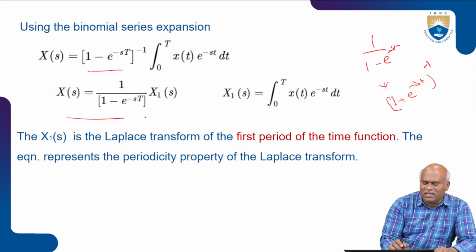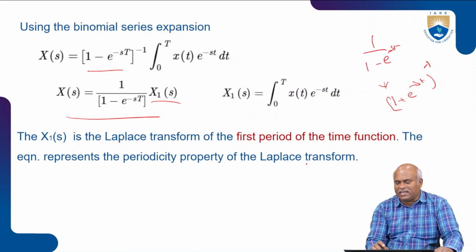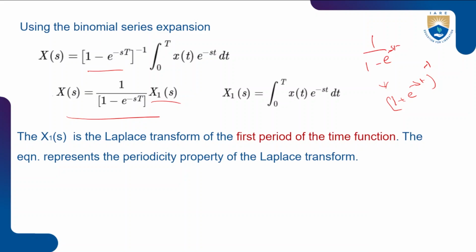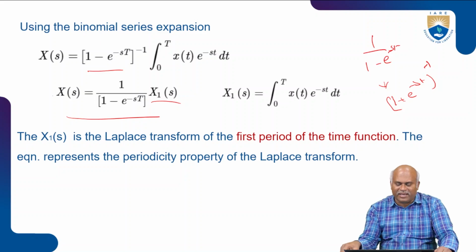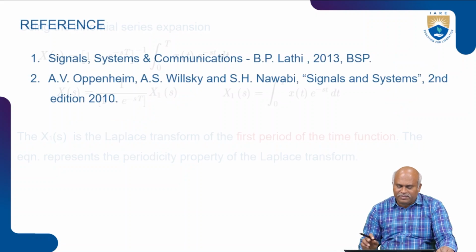Finally, I conclude that X(s) is equal to 1 by (1 minus e^(-sT)) times X1(s), where X1(s) is the integral from 0 to T of x(t) e^(-st) dt. X1(s) is the Laplace transform of the first period of the time function. This equation represents the periodic property of the Laplace transform.